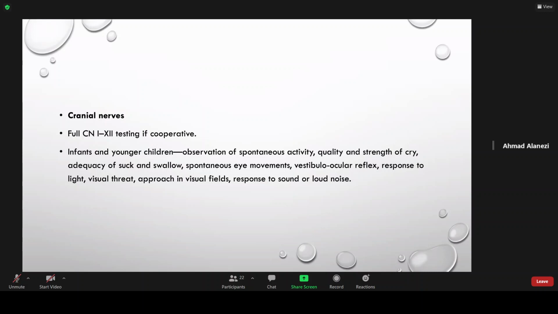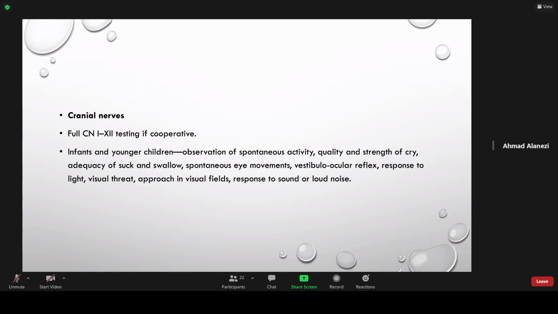You try to play with him, you try to bring things and then to see his follow and extraocular eye movement, and also response to light.